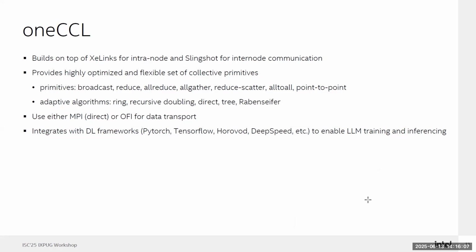And it uses either MPI or OFI as a data transport layer. And it's integrated with machine learning frameworks like PyTorch, TensorFlow, and other distributed training mechanisms, which large language model training and inferencing can use.